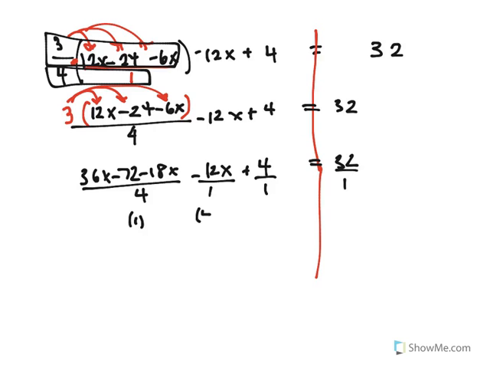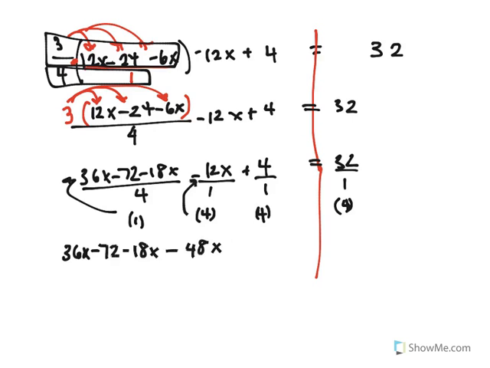So I get rid of them by making all the denominators 4, and then I multiply. I get 36x minus 72 minus 18x minus 4 times 12 gives me 48x plus 16 equals 4 times 32 gives me 128.